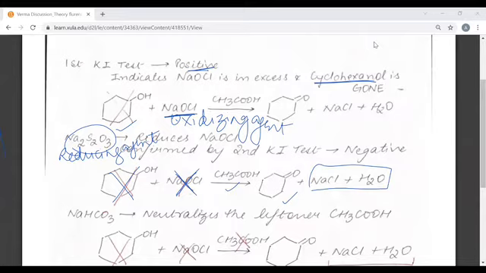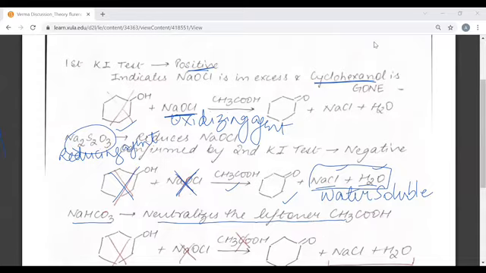Fortunately for us, NaCl and water are water soluble, and hence they will dissolve in water and form the aqueous layer. On the other hand, we will then add sodium bicarbonate. This will help neutralize the leftover acetic acid.